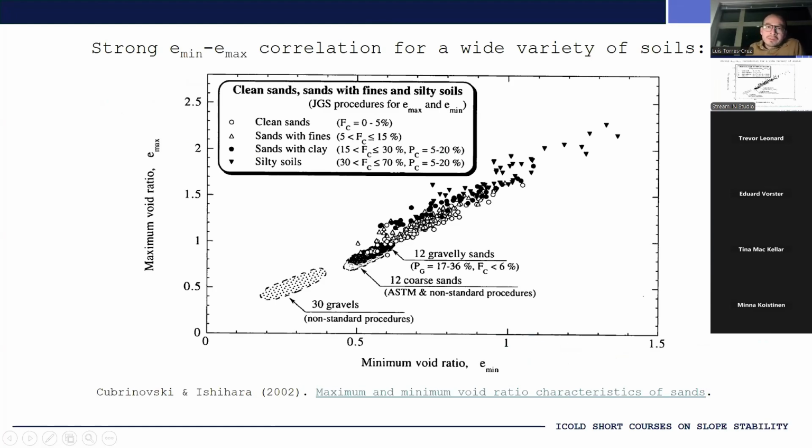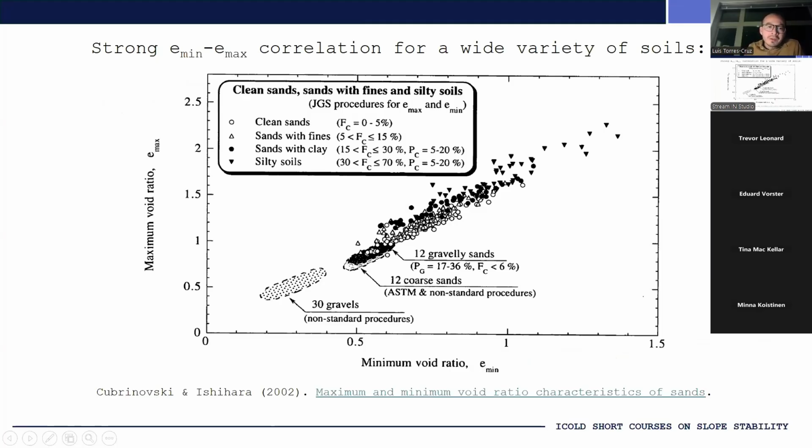And then the fourth alternative that I mentioned, which is that you can determine Emax and then estimate E-min as a function of Emax. That suggestion is based on this figure that I am showing on this slide.